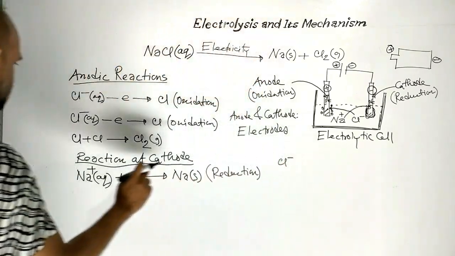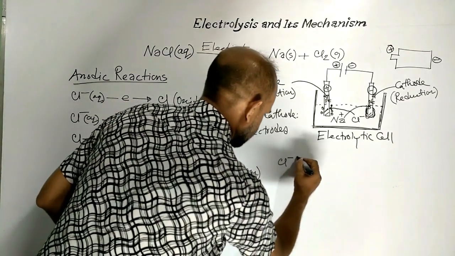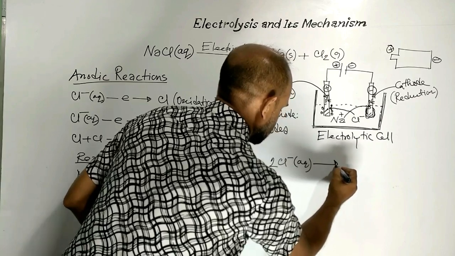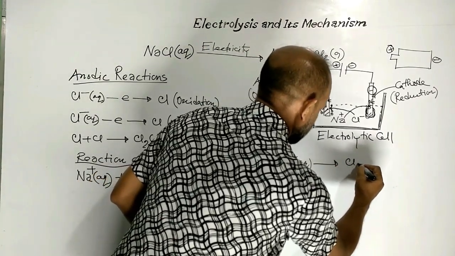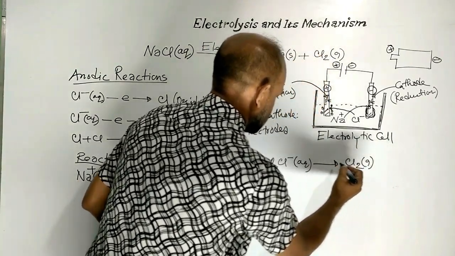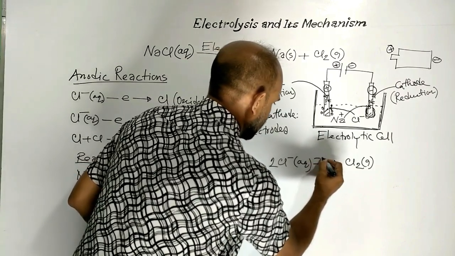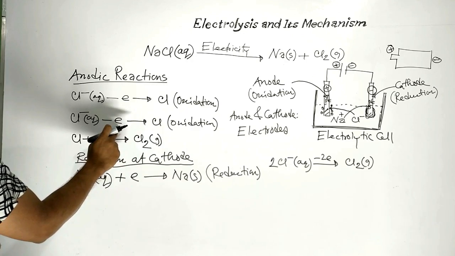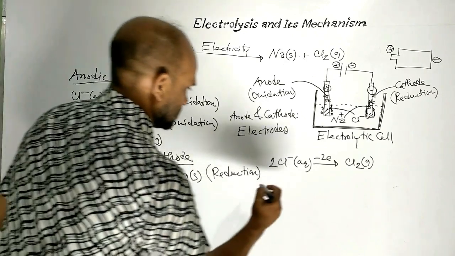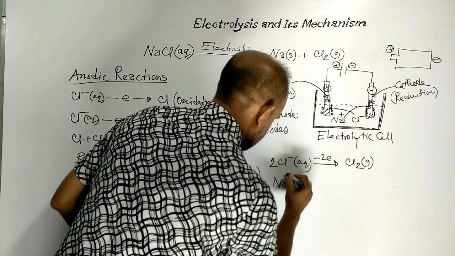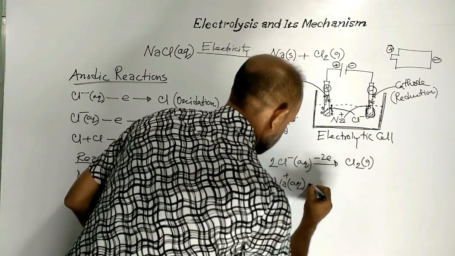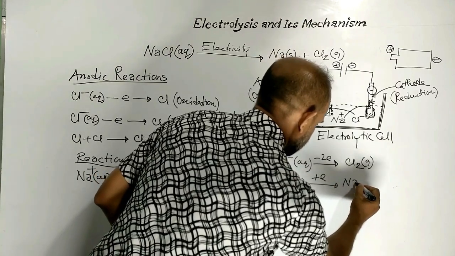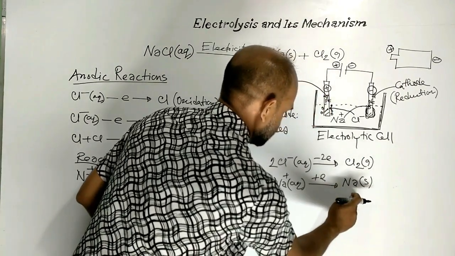Now let us write the complete reactions. Two chloride ions convert to chlorine gas by removal of two electrons, and here sodium ion will receive an electron to form solid sodium.